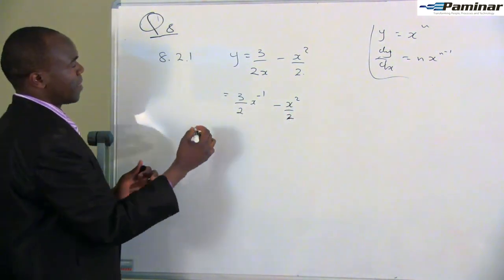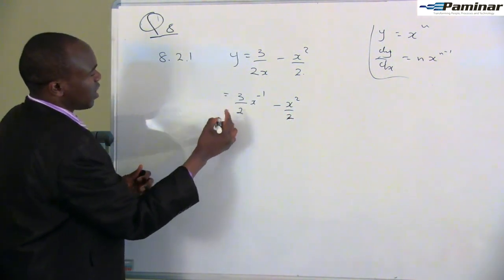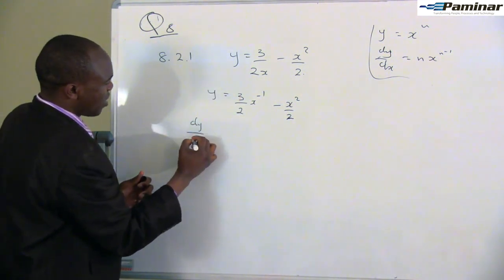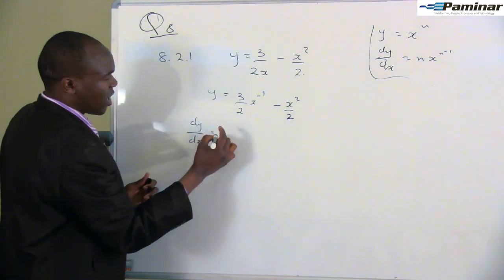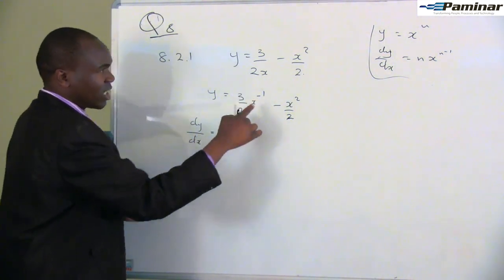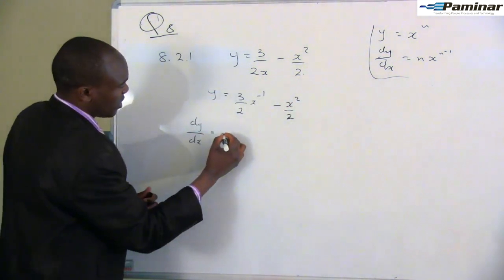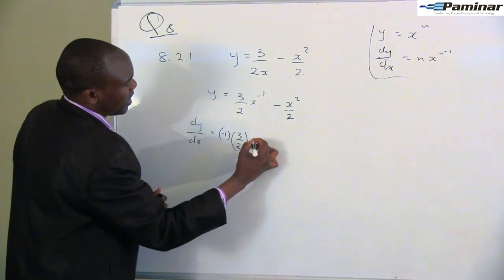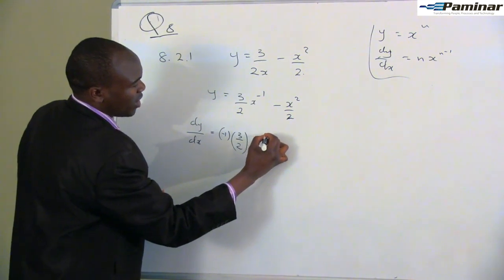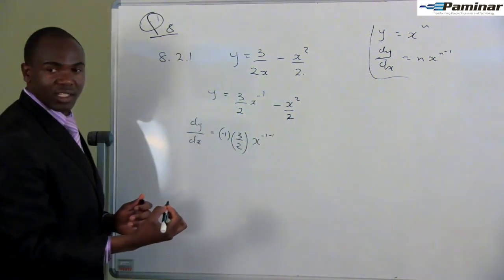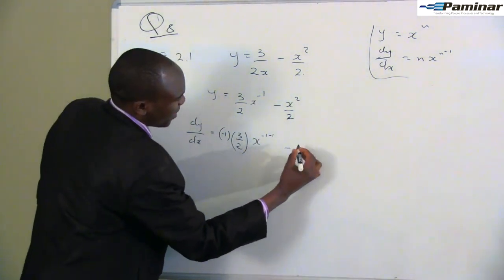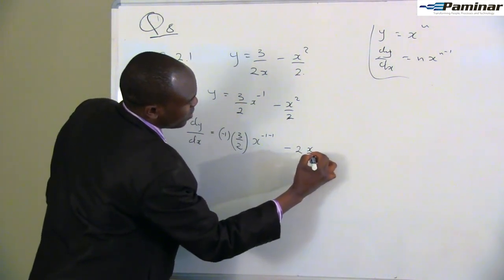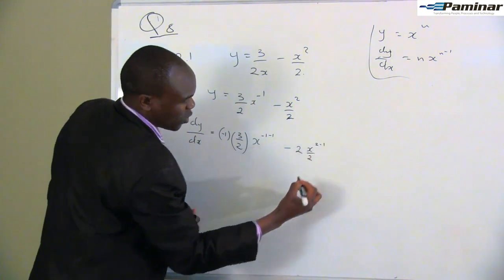From here, this is still y, and when you are saying dy over dx, we apply that rule, so it's minus 1 times 3 over 2 x to the power minus 1 minus 1. Minus now 2x over 2 to the power 2 minus 1.